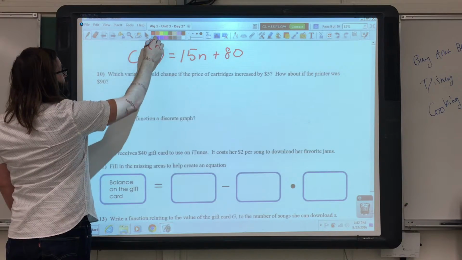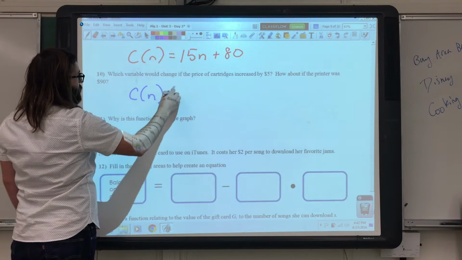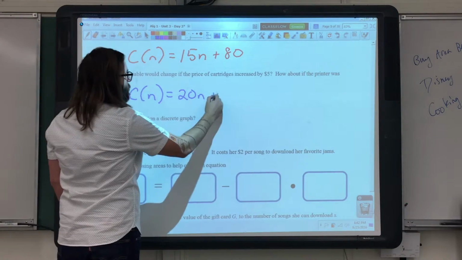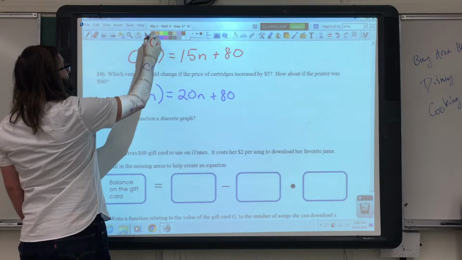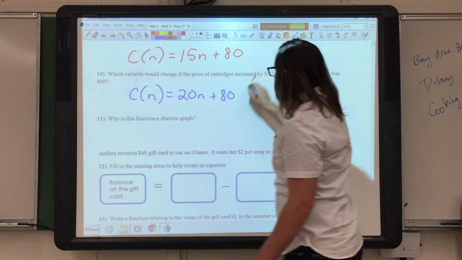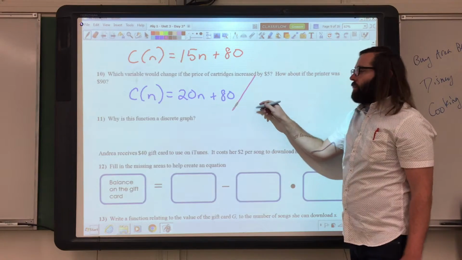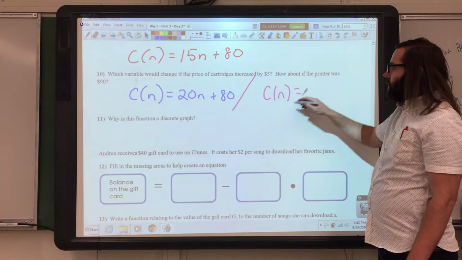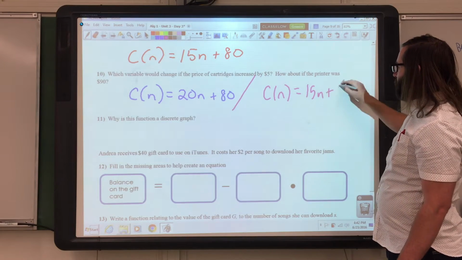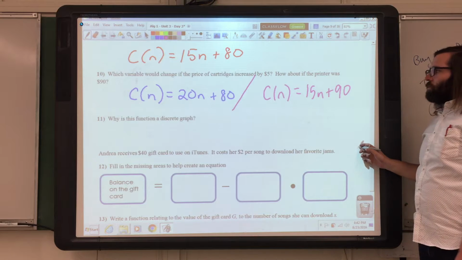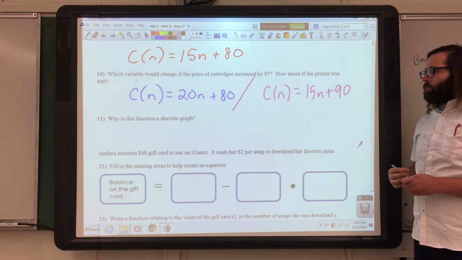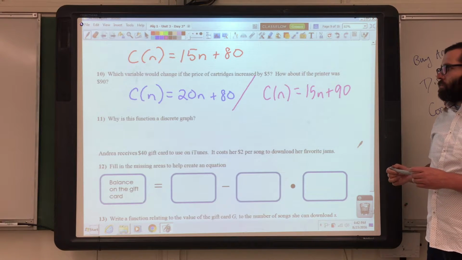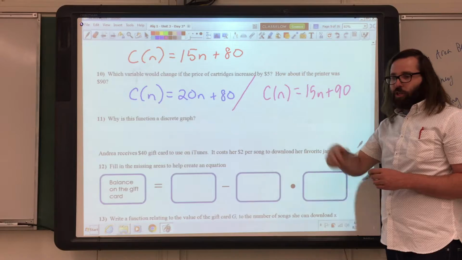Our new equation would be cost as a function of n equals 20n plus 80. If the printer was $90, our function would be the cost as a function of the number of cartridges, 15n plus 90. Hopefully you see why things change when they do.